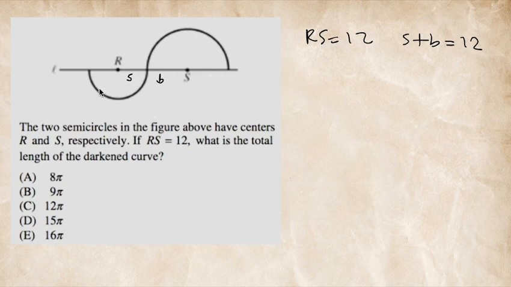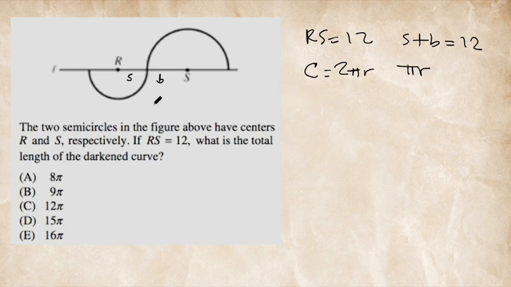Now, we need to know the length of the darkened curve. So basically, we need to know the circumference of the first semicircle and the circumference of the second semicircle. We know that the circumference of a circle is 2 pi r, and if it's a semicircle, that means it's just half, so it's just going to be pi r.